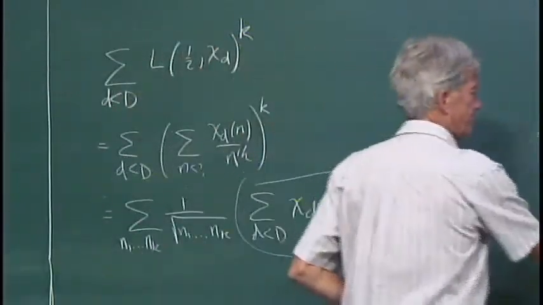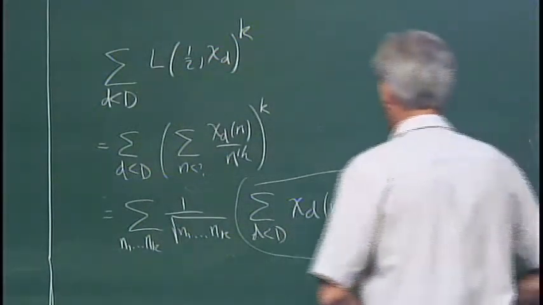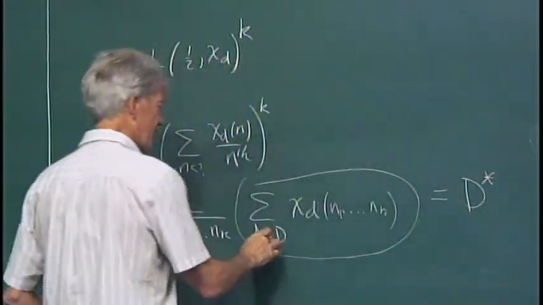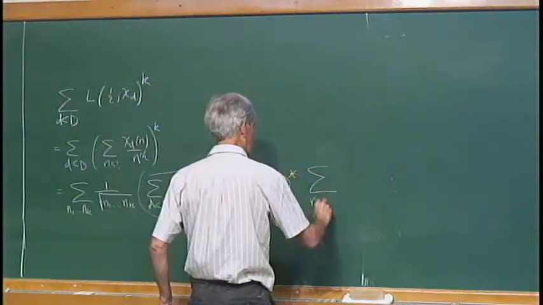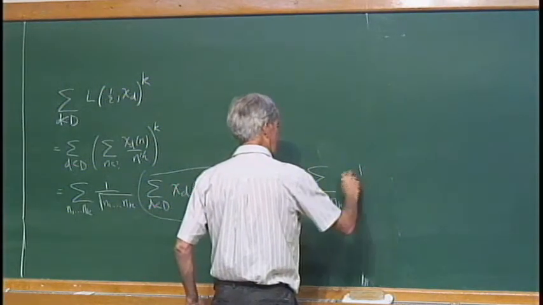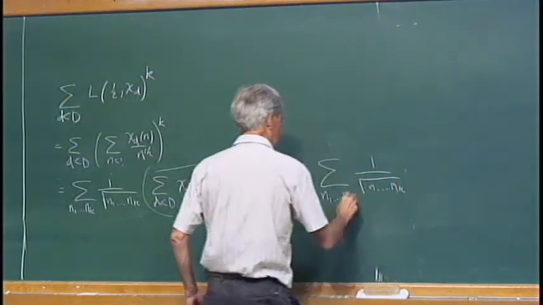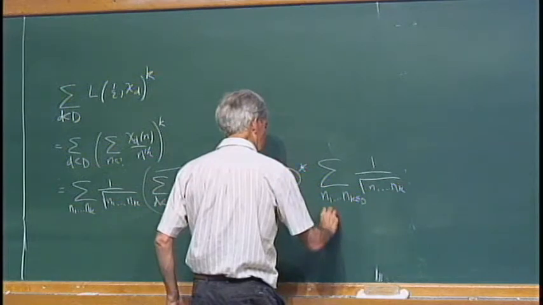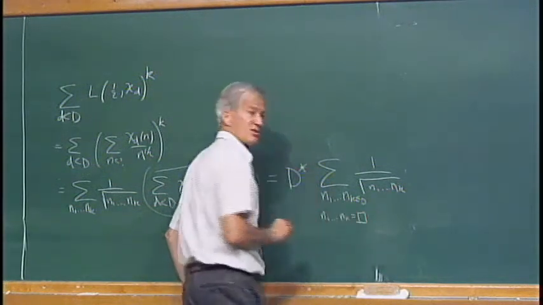So we might think of this as being, let's say, D star, the number of fundamental discriminants, times the sum over n1 up to nk of 1 over root n1 up to nk. This goes up to something, we're not sure what, but with the restriction that the product is a perfect square.